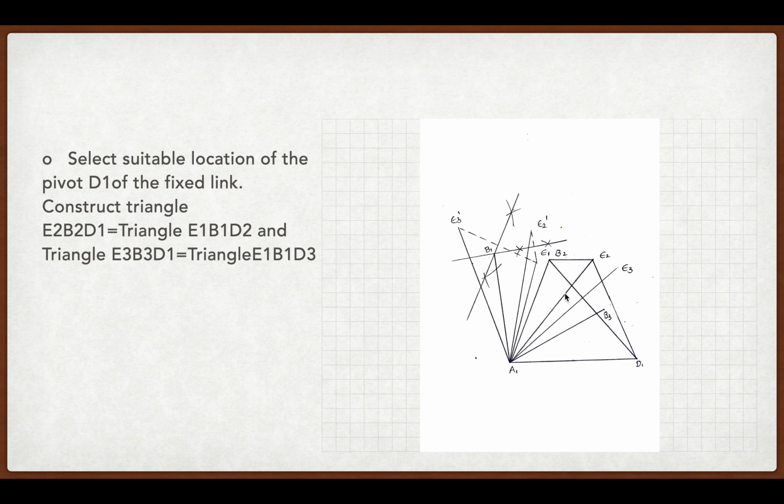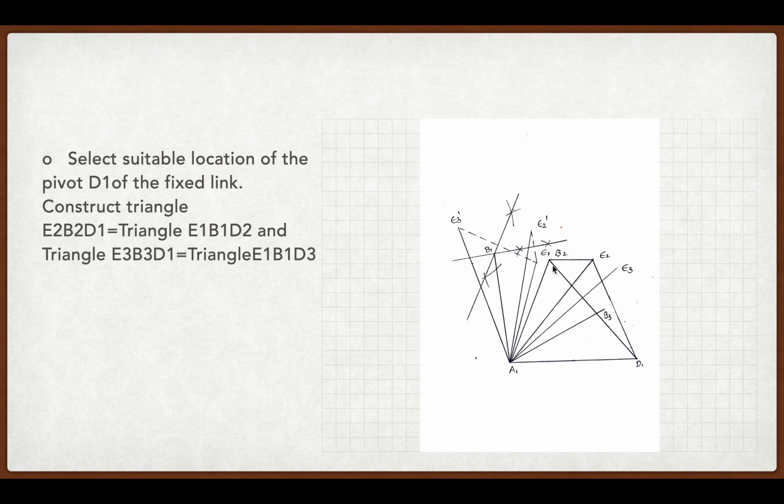As you can see in the figure, we have the lengths of E2D1 and B2D1. With this, you can form arcs and easily find the point D2 and join the points D2 to E1 and B1. With this, you can get the triangle E1, B1, D2.